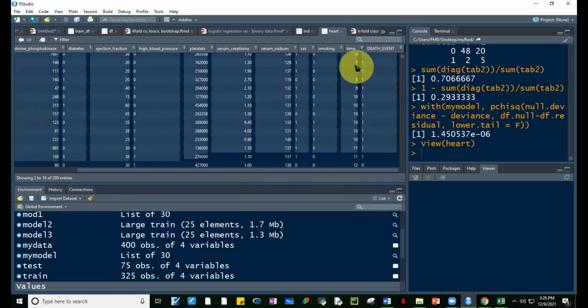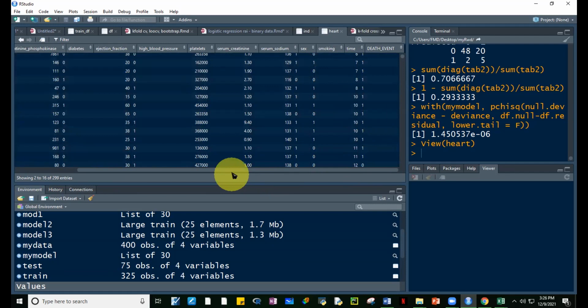And yung time, guys, I forgot, is it days? I forgot, nasa Kaggle to. And then death event: 1 is the individual died, and 0 the individual survived.